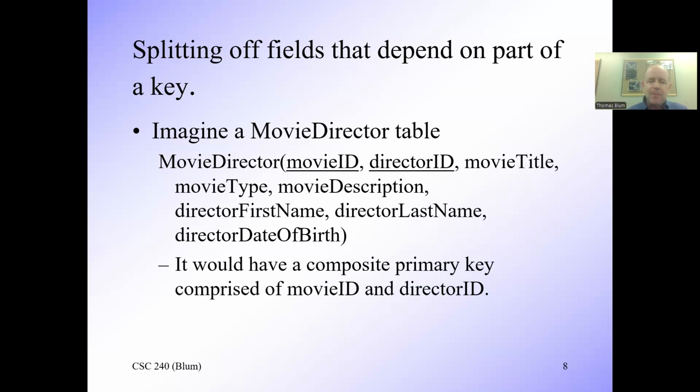And now we have a composite key. If we know the movie and the director, then we can identify our row. Some directors had multiple movies, some movies had multiple directors, but we flattened our files, and now the combination of the movie ID and the director ID is unique and is serving as our composite key.